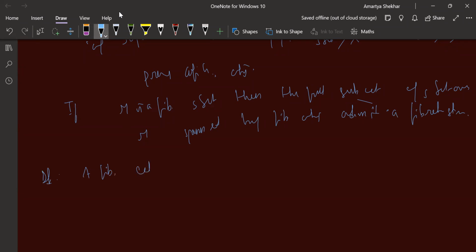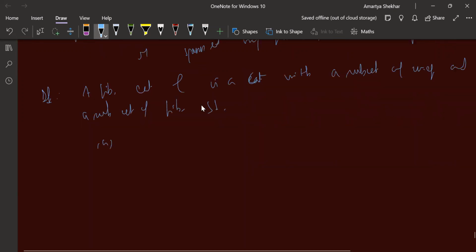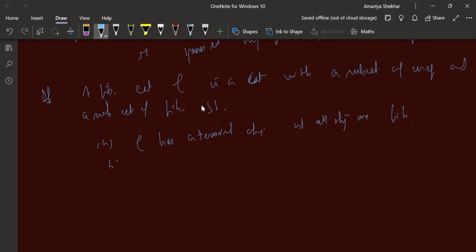A fibration category C is a category with a subcategory of weak equivalences and a subcategory of fibrations such that the following axioms hold. I'll rush through all of them because there are 4 of them. C has a terminal object and all objects are fibrant.